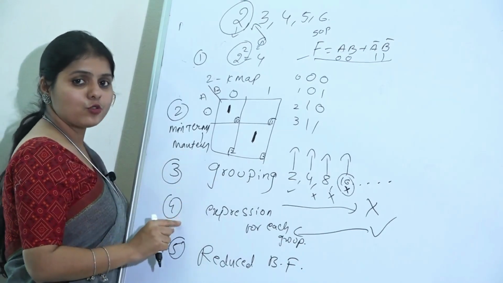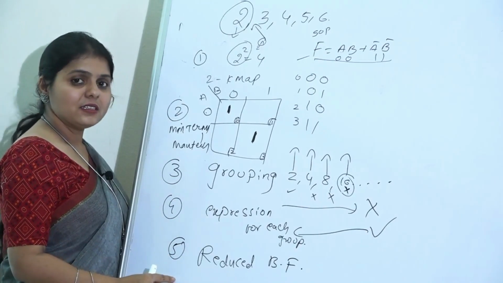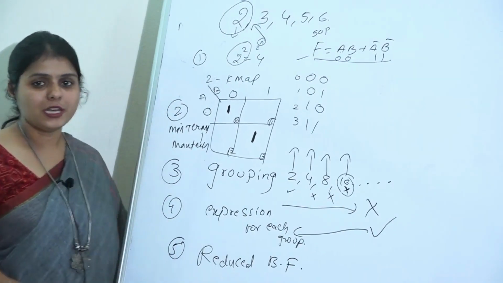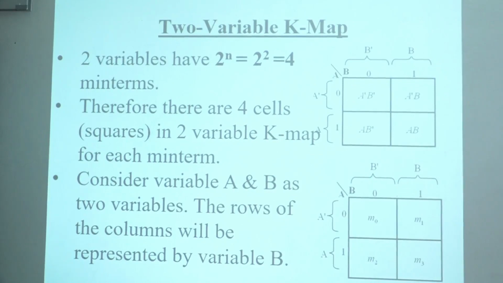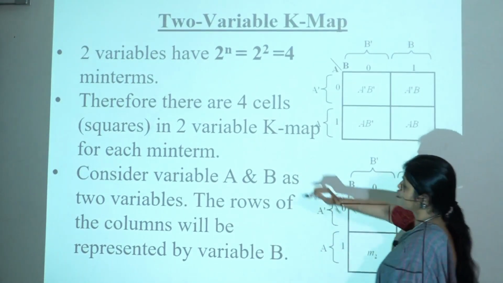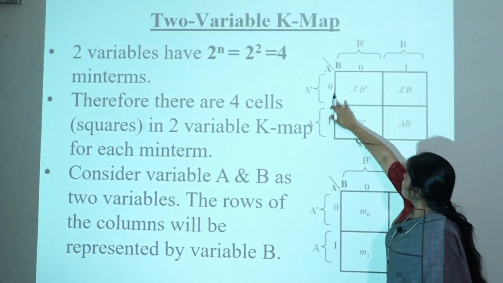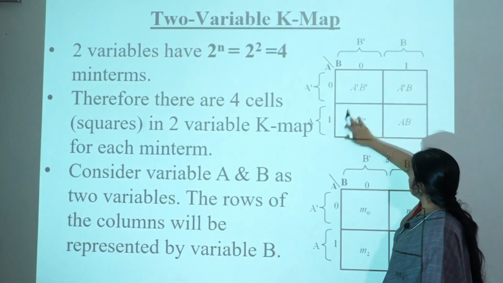And after you are done with the grouping, you have to generate the expression for each grouping that you have done, and then that will be your reduced Boolean function. Now look at this, 2 variable K-maps. When you go for a 2 variable K-map, as I told you, 2 power 2, that is 4 cells: 0 0, 0 1, 1 0 and 1 1.